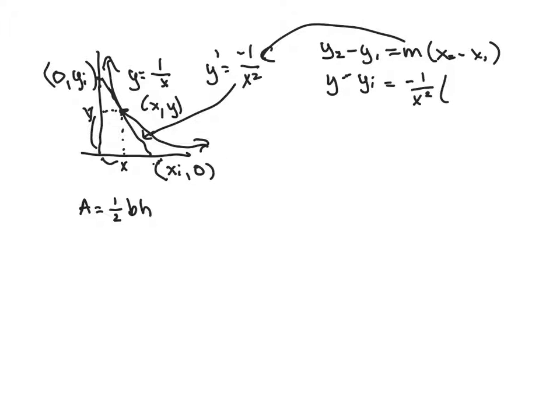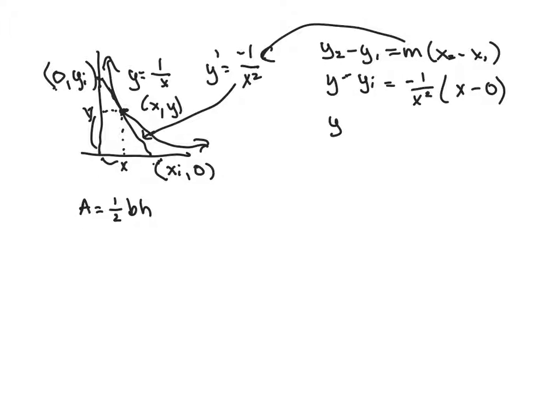And then the same corresponding x values would be x minus 0, right? Because my x value is x, and then because I used the y-intercept, the x value is 0, not the x-intercept.